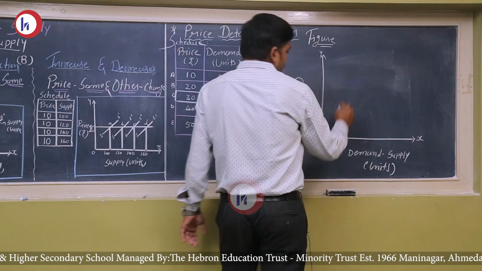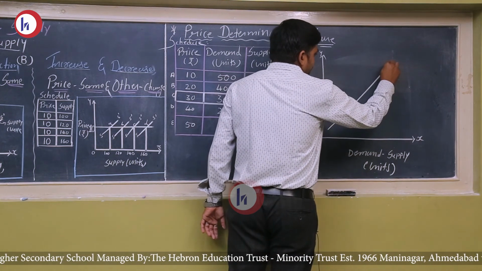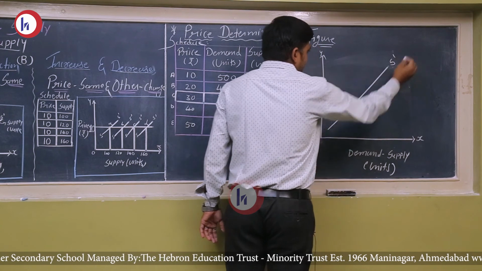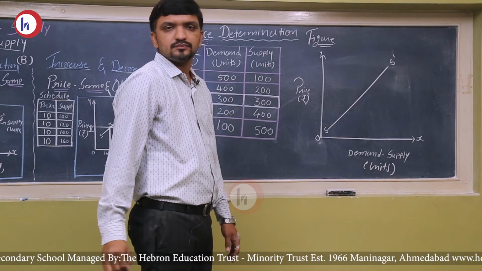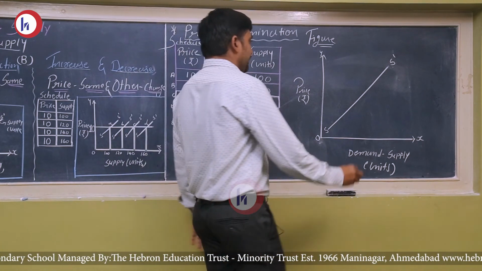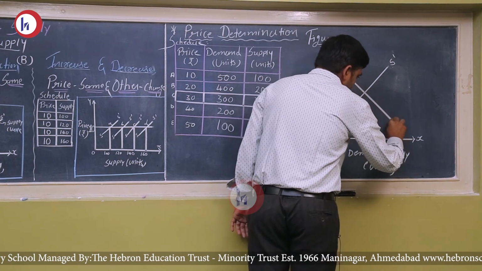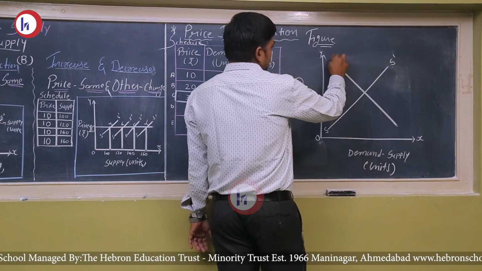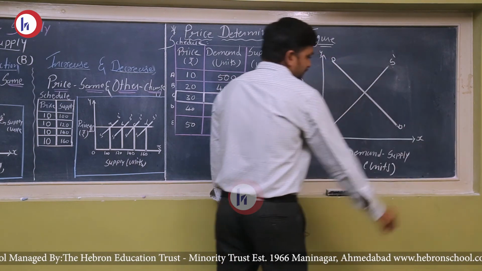Okay. Let this be a supply curve, that is S dash, and let this be a demand curve, that is D dash.